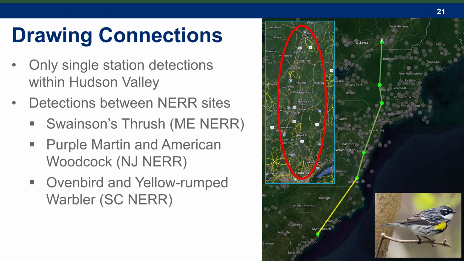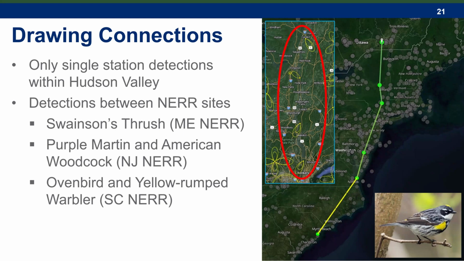The example map on the right is for the yellow-rumped warbler, which was tagged in Canada, came down through the Hudson Valley, picked up at one of our stations, our North Point station, and eventually made its way down to the South Carolina Reserve, where this all began for us. So it was a nice connection to make.